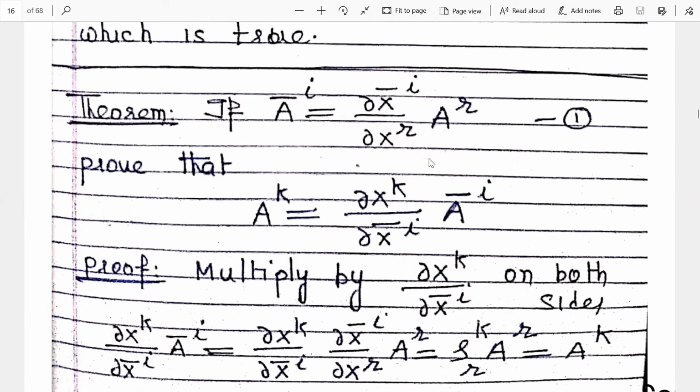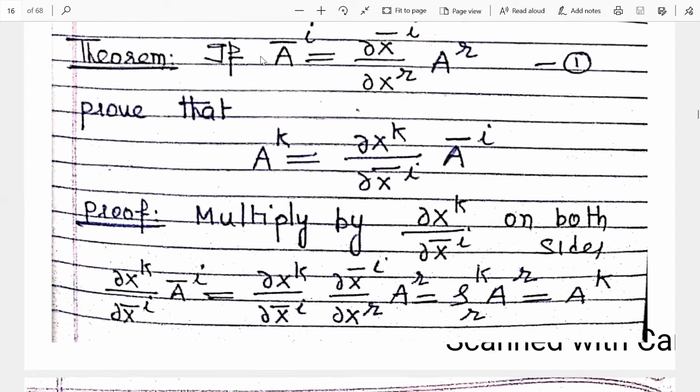Next theorem: if A bar i is equal to ∂x̄^i/∂x^r times A^r, right? So this can be written in the form of A raised to power k. Now this A bar is written in the form of A. Our purpose is to find the value of A in terms of A bar.